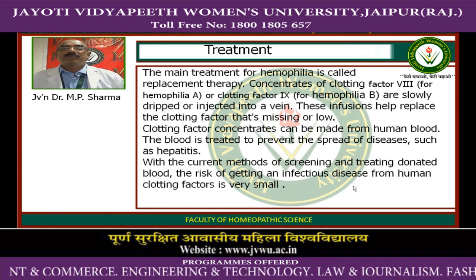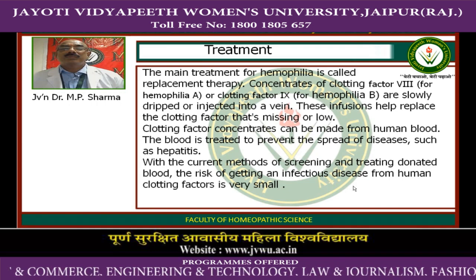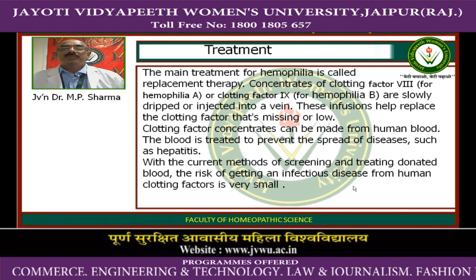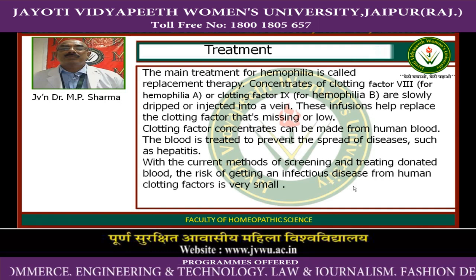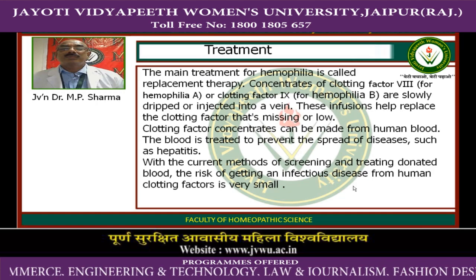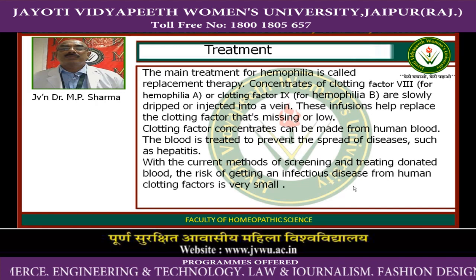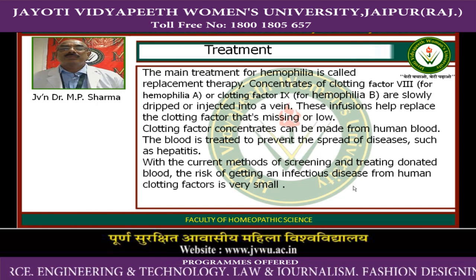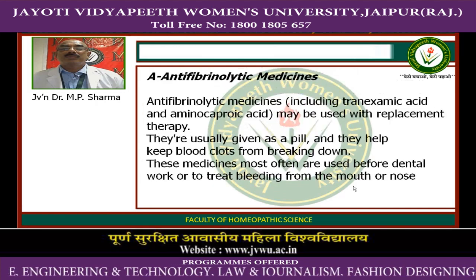The clotting factor concentrate can be made from human blood. The blood is treated to prevent the spread of diseases such as hepatitis. With the current methods of screening and treating blood, the risk of getting an infectious disease from human clotting factor is very small.